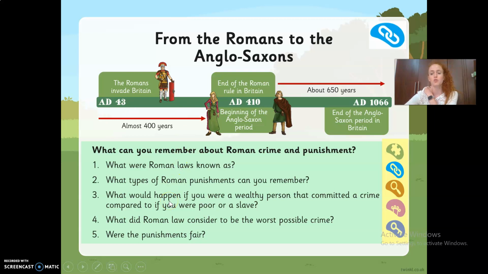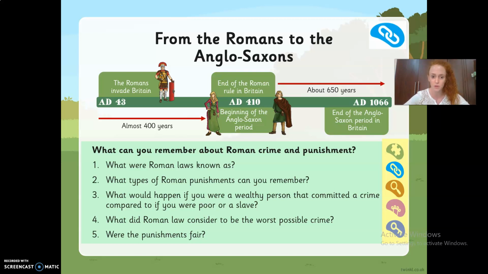Okay, so first of all, let's do a little bit of remembering. Let's use meta thinking and linking, trying to kind of remember what I learned and how can I answer these questions. So what were Roman laws known as? Please do try to remember the actual name of it. What types of Roman punishments can you remember? Can you remember any kinds of punishments?